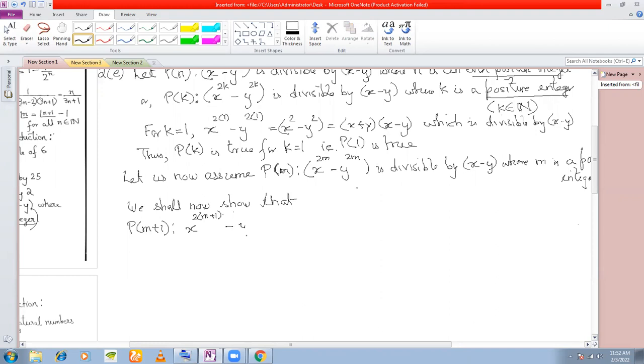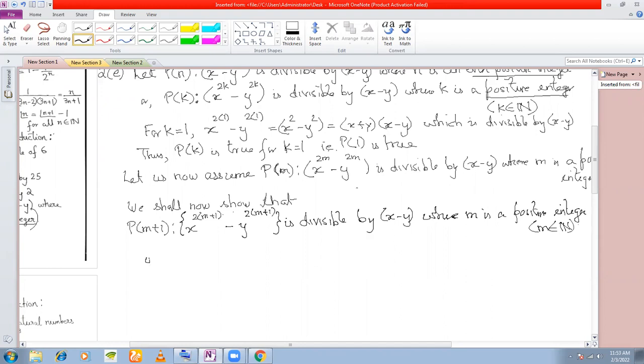Replace m by m plus 1: x to the power of twice m plus 1 minus y to the power of twice m plus 1 is divisible by x minus y, where m is a positive integer, m belongs to N, is true whenever Pm is assumed to be true. Okay, so now the question is, how do we show this?